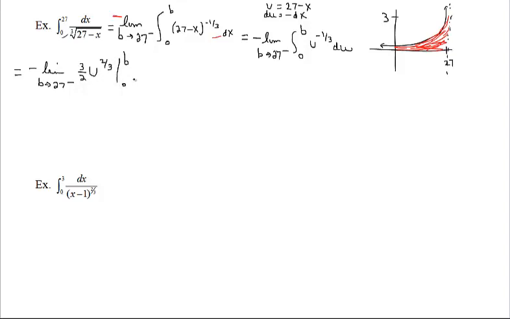To make the evaluation part a little bit easier, I think I will pull the 3/2 in front. I already have the negative there, so that becomes -3/2. Okay, so the 3/2 is out of the way. All I have to do is switch back to x, 27 minus x raised to the 2/3, which we'll be evaluating from 0 to b.